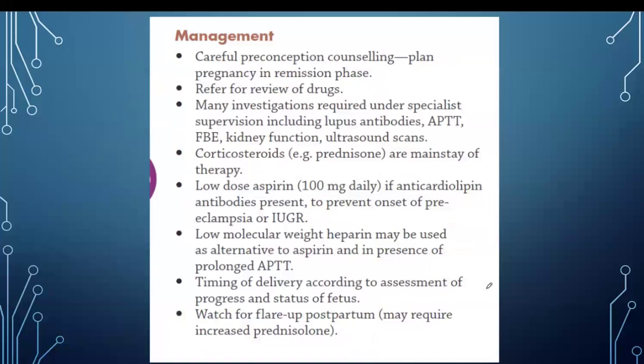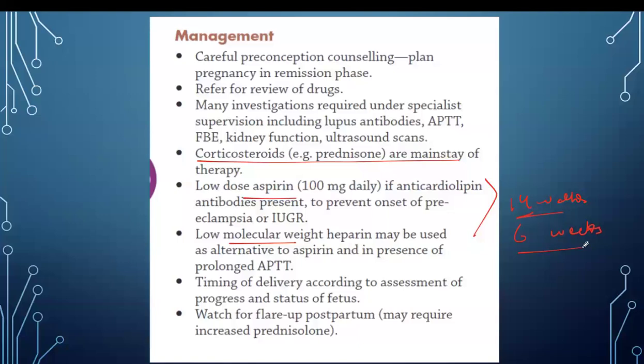Management for SLE in pregnancy is definitely to send the patient to her specialist, and the main treatment will be a steroid. Steroid is the safer option because the other options like sulfasalazine and methotrexate are usually not the best management. We also start this patient on low molecular weight heparin or aspirin from 14 weeks of pregnancy until 6 weeks postpartum.